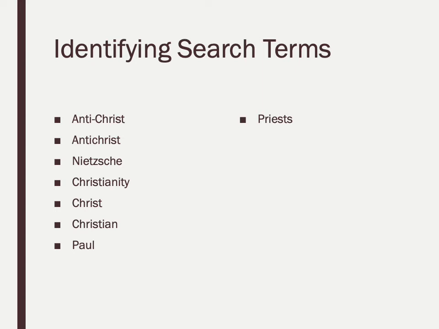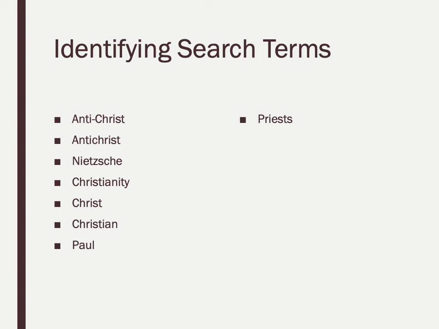Now, in the Antichrist, we might want to tie in his views there on Christianity to what he also says about priests. If you chose to do this, if you wanted to narrow your question a little bit more, then this is something that you could also look for. But you would probably want to tie in a secondary term like this to your other words.